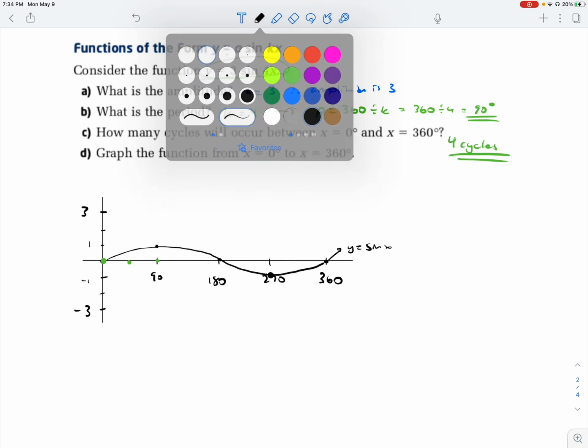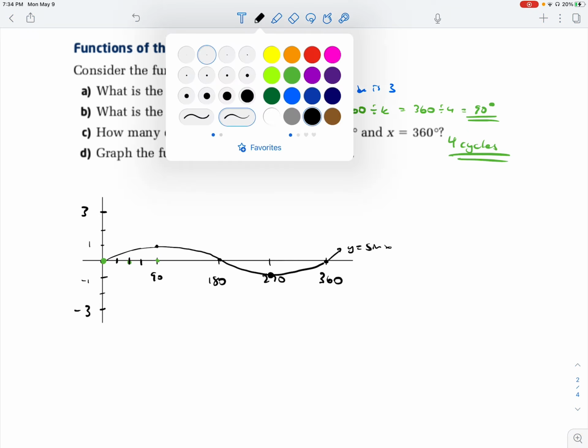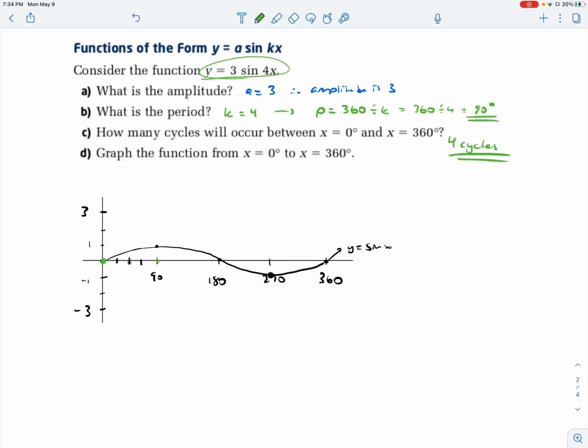So let's chop this 90 section into quarters. So we need to go up to the top, back to the center line or the middle, and then back down to -3, and then back to the origin. So this is 1 full cycle. That's how I get 1 full graph within 90.